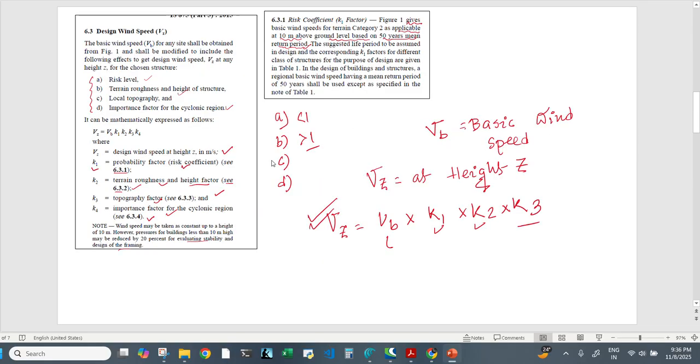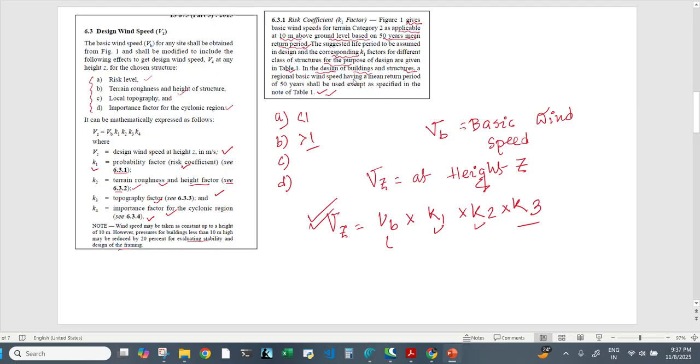Now it is clear that a basic wind speed applicable at 10 meters with a 50 year mean return period is the suggested life period to be assumed in design, with the corresponding K1 factor for different classes of structure as per table 1 in the design of buildings and structures.